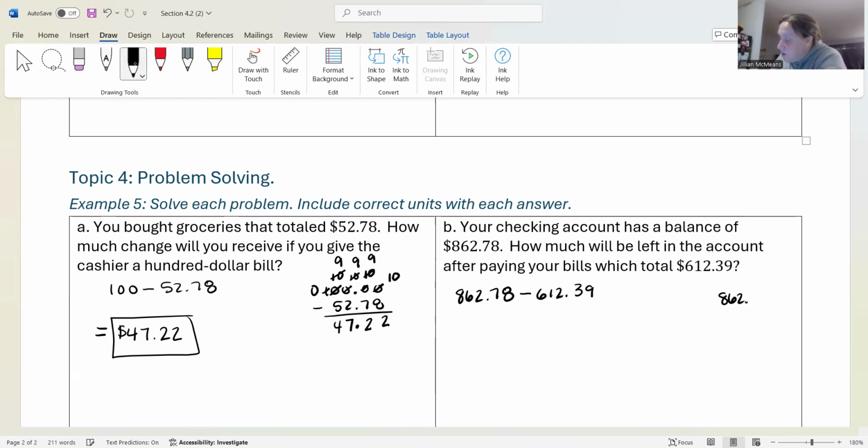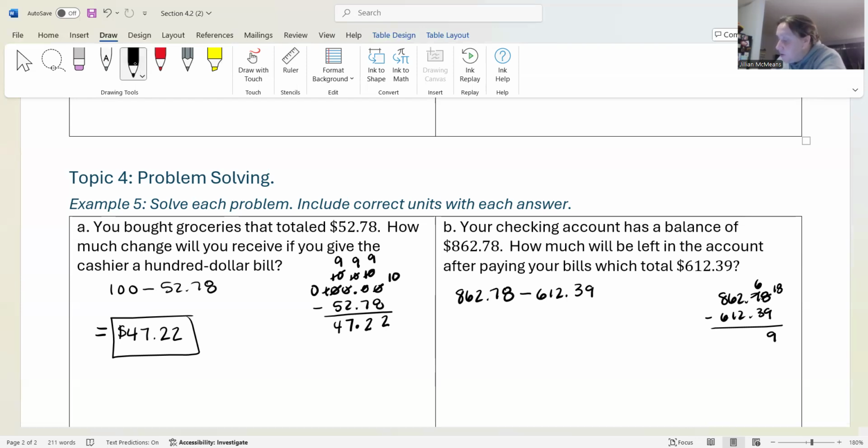Okay. And I'm going to go off to the side to do the side work. So I get 862.78 minus 612.39. We've got our decimal points lined up, and we can subtract column by column. And I must be really wanting y'all to know how to borrow, because here we go again. I cannot take 9 from 8, but I can borrow from the 7. So 7 becomes 6, and then 8 becomes 18. Now, 18 minus 9 is 9.